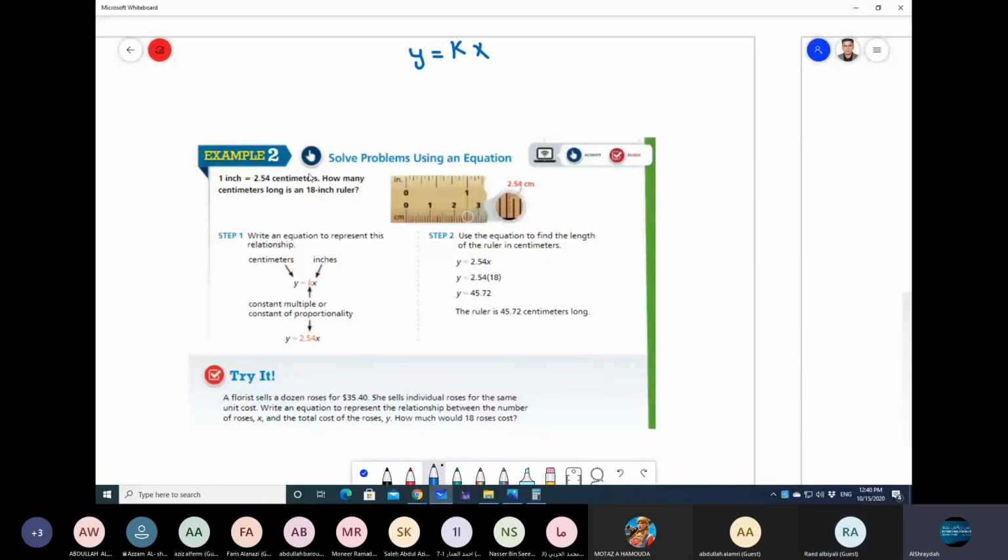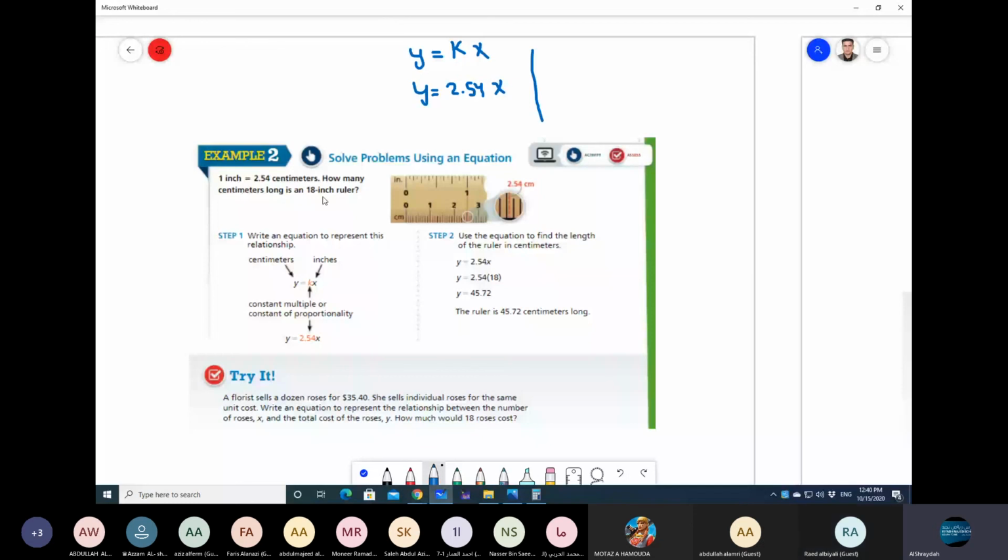Here it's 2.54. Then y will equal 2.54 times x. This is the value of k, and here the value of x. So it is requested from you to find the value of y, how many centimeters long is an 18-inch ruler.